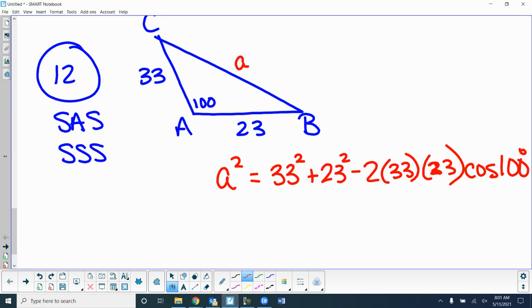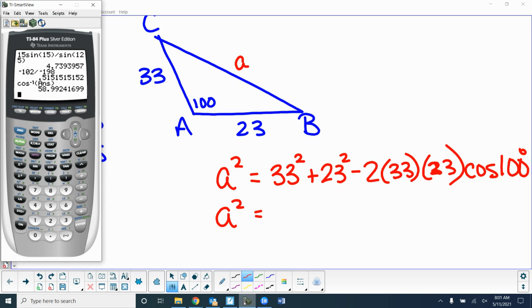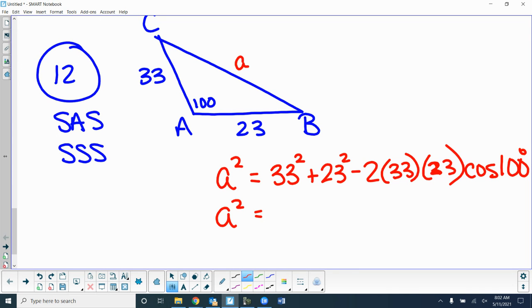So you put all that in your calculator at once. All right, so 33 squared plus 23 squared minus 2 cosine of 100. All right, so you put all that in, and you get 1,881.